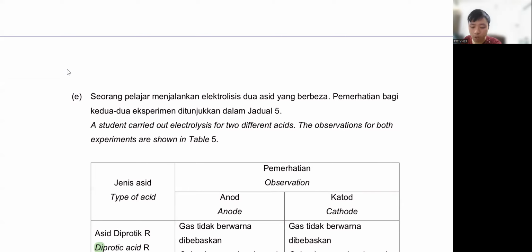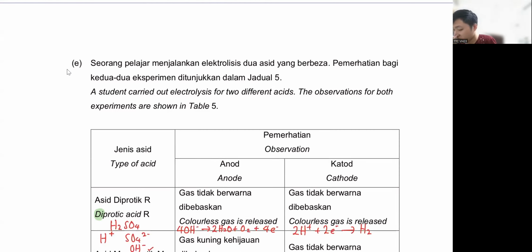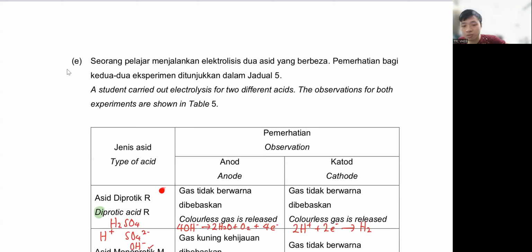So the moment you see diprotic, it is sulfuric acid. What does sulfuric acid contain? It contains H+ and SO4 2-. At the same time, this electrolysis normally also contains water, which has H+ and OH-.